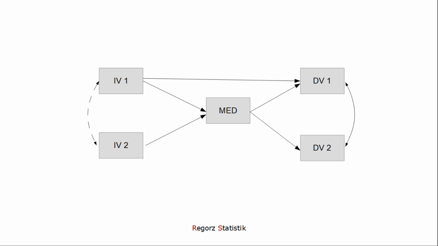How would you do it? Let's get back to our example. Here there are 3 plausible additional effects. We could add a direct effect from the independent variable 1 to the dependent variable 2. Or we could add a direct effect from the independent variable 2 to the dependent variable 1. Or from the independent variable 2 to the dependent variable 2.